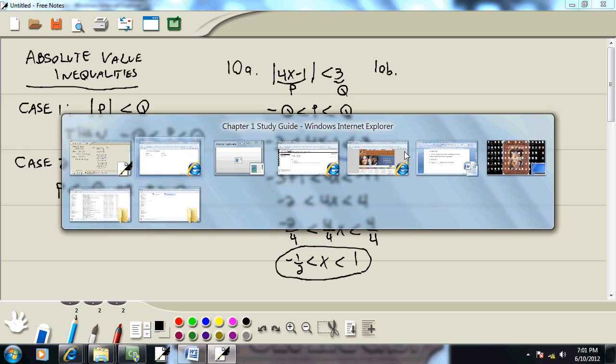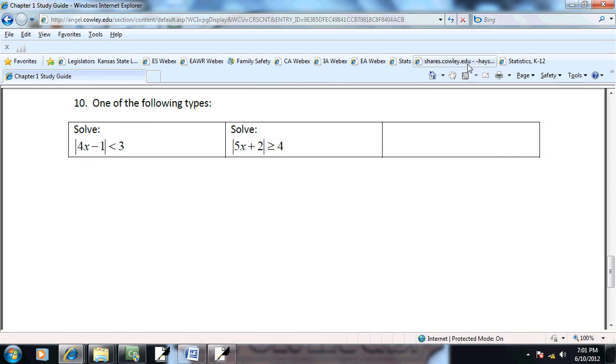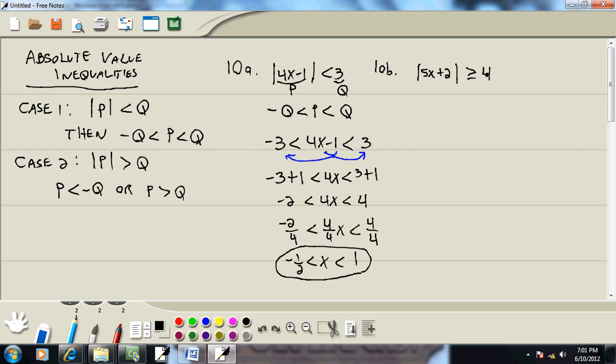Let's look at our next example. Absolute value of 5x plus 2 is greater than or equal to 4. Now the absolute value is by itself on the left side, no numbers in front of it, no numbers after it. And this is a greater than or equal to formula, so it'll match our case 2, the greater than.